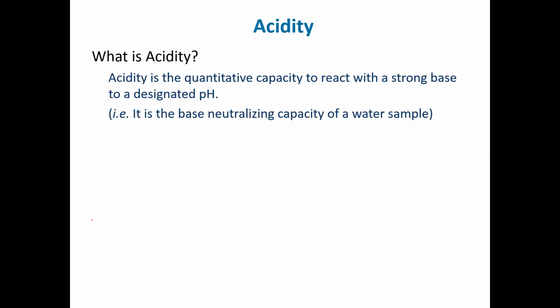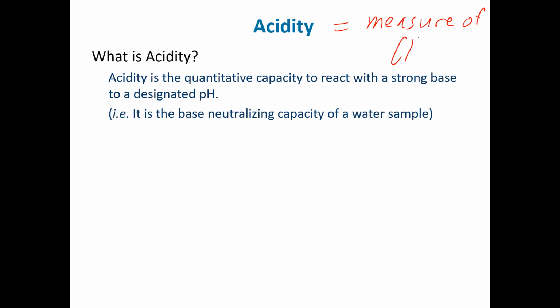So before we get into titrations, I just want to talk a little bit about acidity. There are different definitions, and you probably talked about in chemistry the Lewis definition of an acid or a base and the Bronsted-Lowry definition of an acid and a base. But in water quality, and in fact in most biological situations, we're looking at basically a measure of the hydrogen ion concentration.